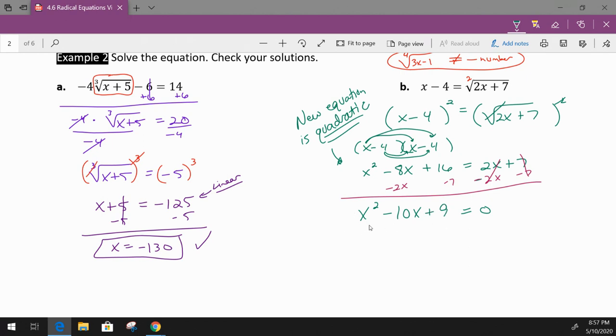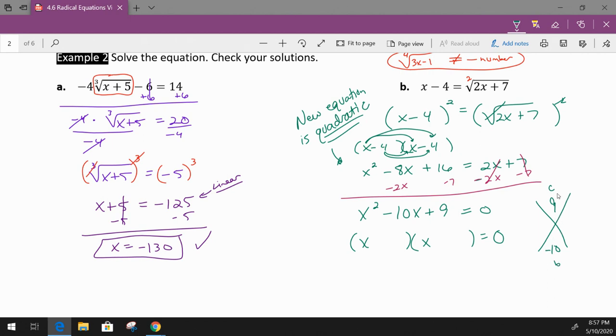This is a trinomial that can easily be factored into two binomials. When you factor these basic trinomials, the x squared factors into x and x. Then you need to find two numbers that will multiply together to equal 9, that's your C value, but add up to a negative 10 in the middle, that's your B value.